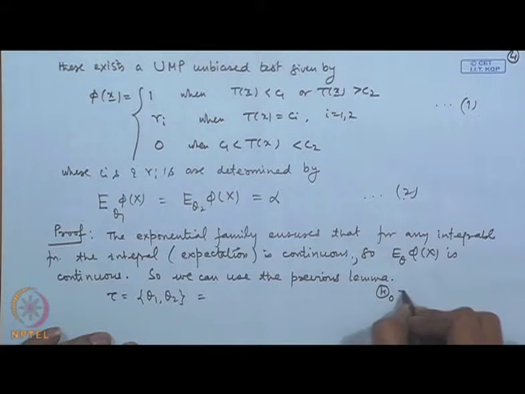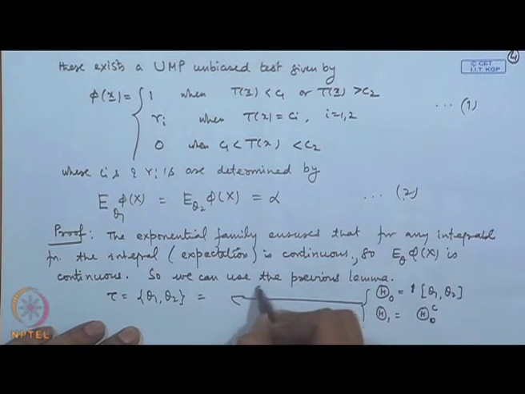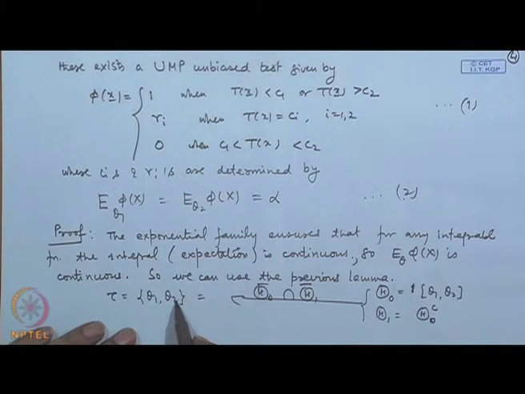So, here theta naught was in this particular problem the interval theta 1 to theta 2, and theta 1 is actually the complement of theta naught. So, if I consider this tau, that is theta naught closure intersection theta 1 closure, then this is going to be equal to theta 1, theta 2.